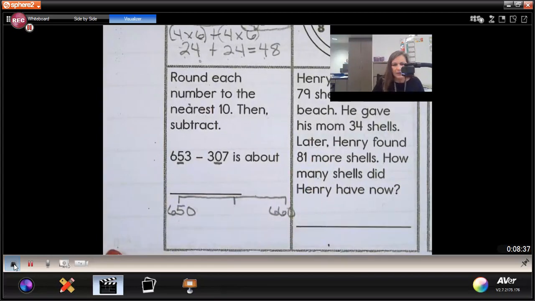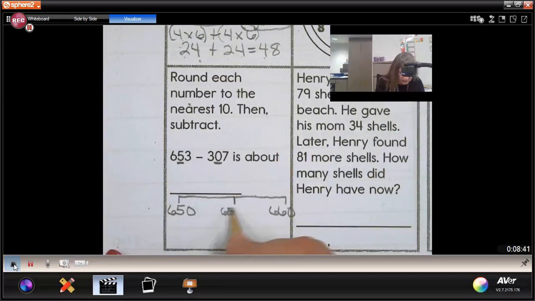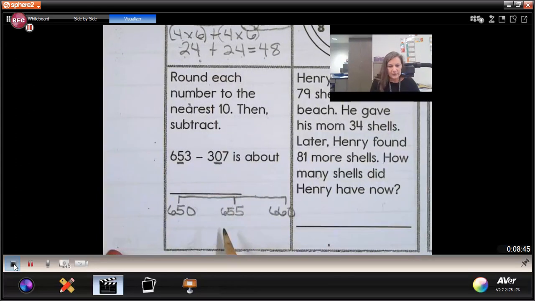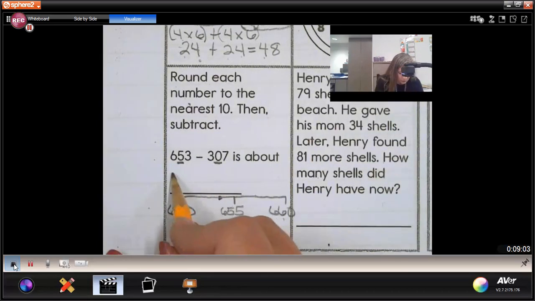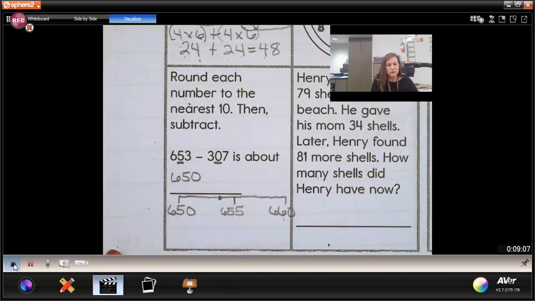Remember, between each of your groups of 10 is 5. So this would be 655. That's right in the middle. 653 is going to be less than this 655. So we're 3 away from 50, but we're 7 away from the 60. So this tells me that I'm going to round to the closest 10. I'm going to round down to 650.